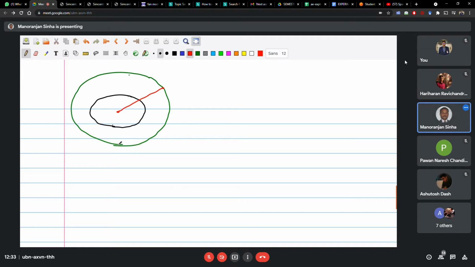Draw a line like this. Then draw perpendicular from here and draw horizontal from here. So this way, just keep doing it. And then match all these points. And whatever locus is generated, it's called an ellipse.